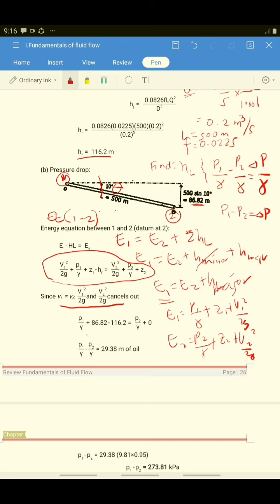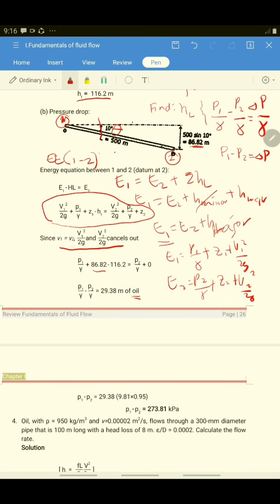So you have P1 over gamma plus 86.82 minus the friction loss 116.2 is equal to P2 over gamma plus 0. So the change of pressure head is equal to 29.38 meters of oil. You have to remember that it is meters of oil. Then multiply it by the specific weight of the oil in order to determine the pressure drop.